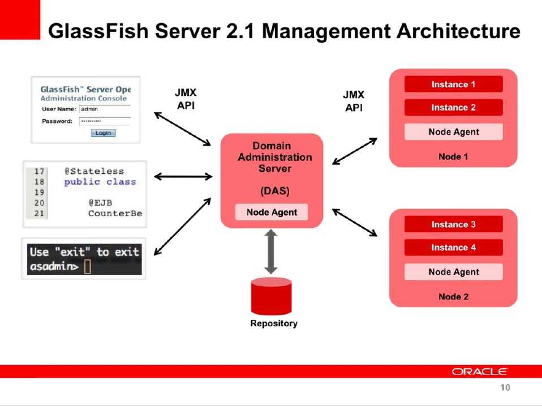When I create a cluster across multiple hosts, you would select multiple node agents, and those node agents would then create those instances and start them. So the node agents are more or less responsible for managing the life cycle of instances, whether it's create, start, stop, or destroy them. It also acts as a watchdog, so if an instance fails, it will automatically restart it.